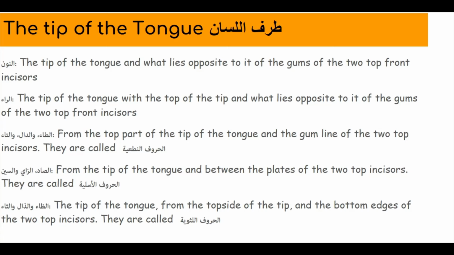The tip of the tongue resting against the tip of the upper central incisors, taking the precaution of sticking out the tongue slightly between the teeth, is where the point of articulating dha, dhal, and tha is formed.